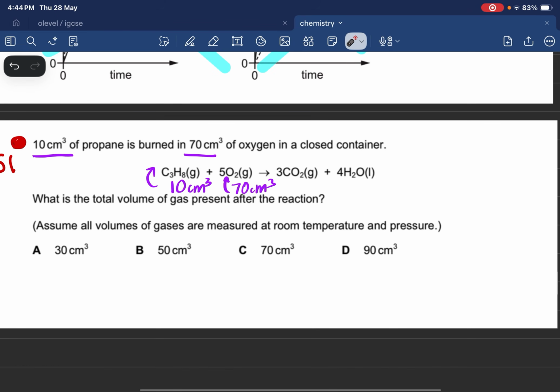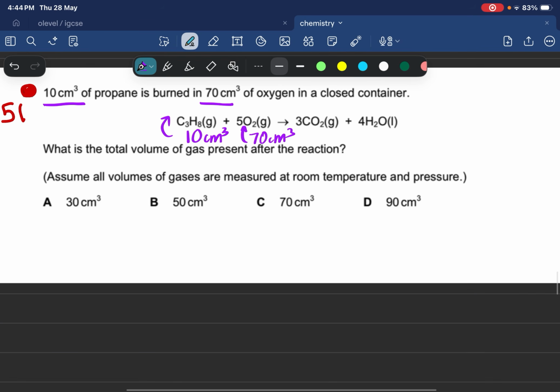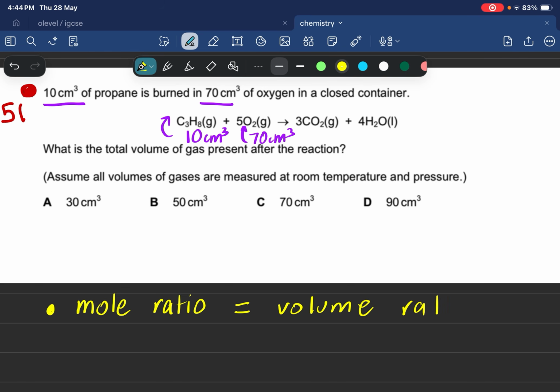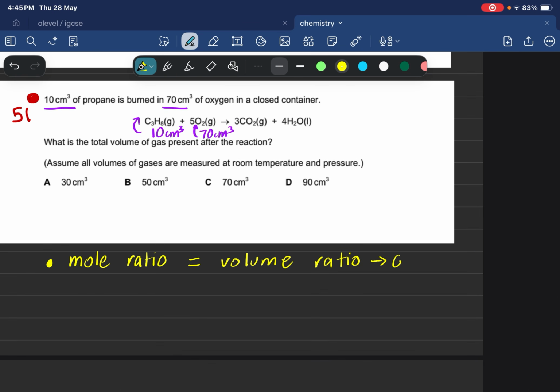The first thing I'm going to tell you is that in gases, this is like the golden rule: mole ratio equals the volume ratio. This is only true for gases, and we are dealing with gases.